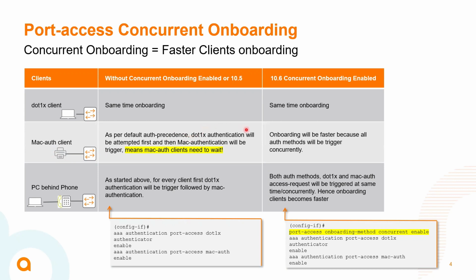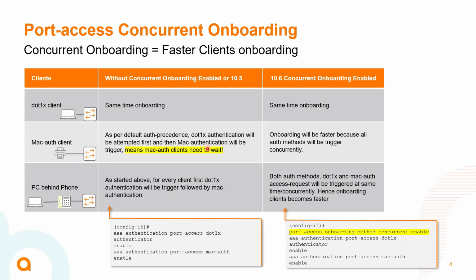Once the .1x expires, the Mac auth will be triggered. This means the Mac auth client needs to wait. If it is with the default EAPOL timers, then it needs to wait for 162 seconds to get its chance to get authenticated.